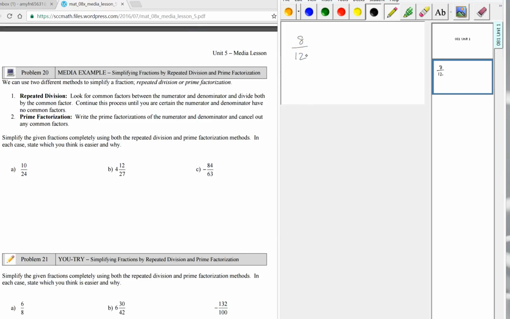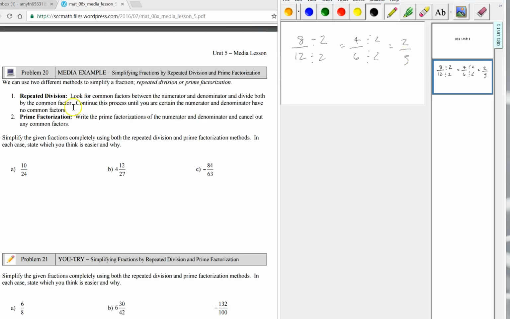So if you have 8/12, okay, one way you could do this is just realize the greatest common factor is 4, okay? But maybe you just see that they're both even. You can probably imagine a student doing this. Divide by 2 once. They're still even. Divide by 2 again. And now we see 2 and 3 are both prime.